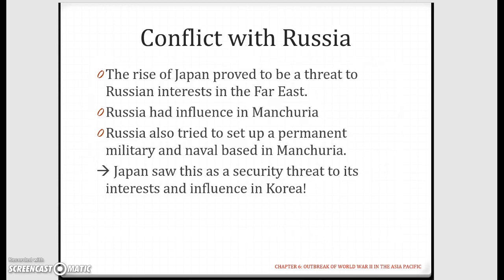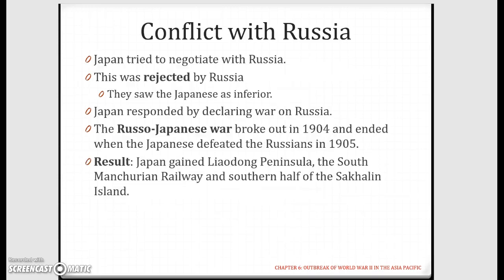Okay, and the Russians tried to set up a permanent military naval base in Manchuria, and so this was a threat to their interest and influence in Korea. Korea was formerly under Japan, and the Koreans really don't like the Japanese, for reasons like how our Singaporean ancestors wouldn't like the Japanese either.